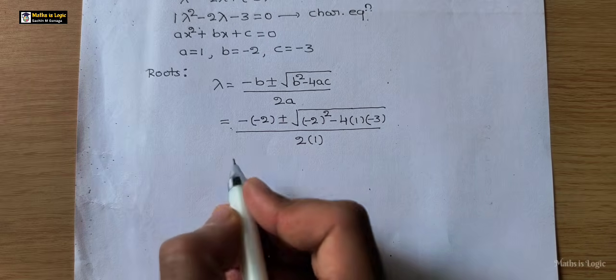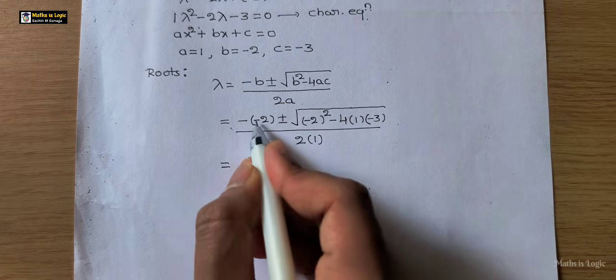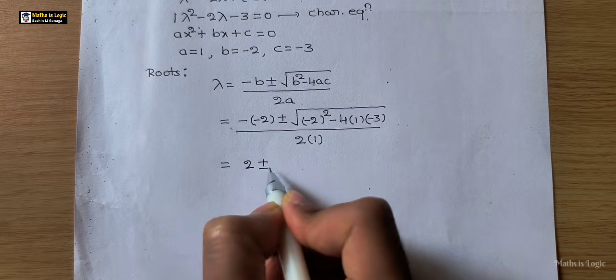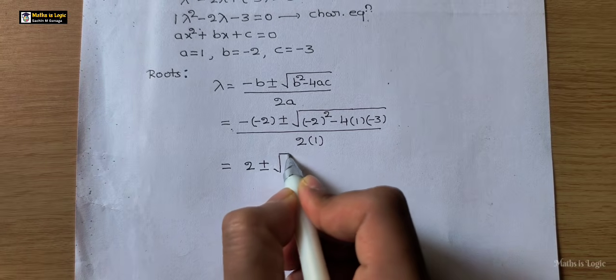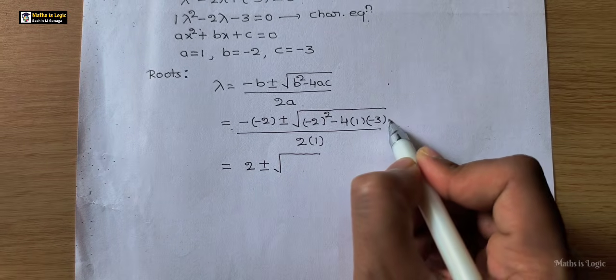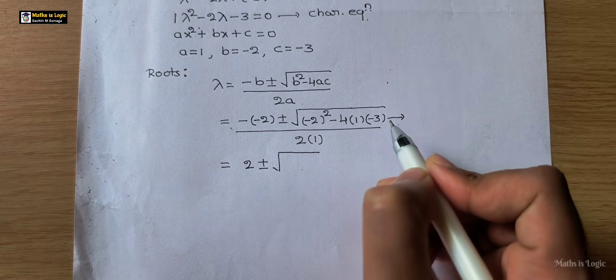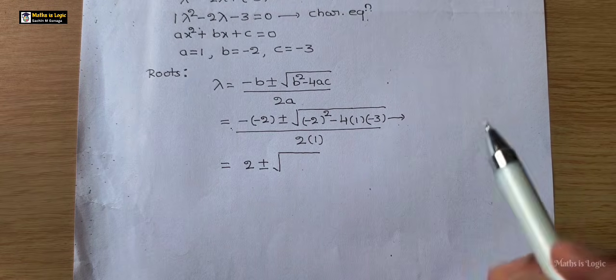So now which is equals to, minus into minus is plus, 2 as it is, plus or minus, keep that square root as it is. Next this inside value, for this inside value directly use the calculator. So what is that?